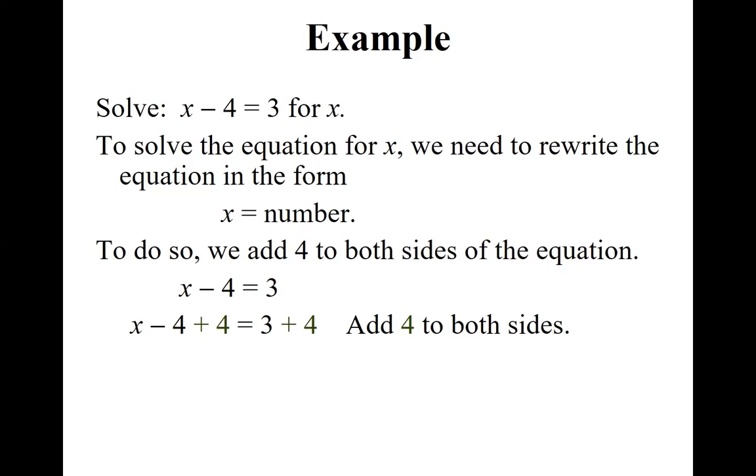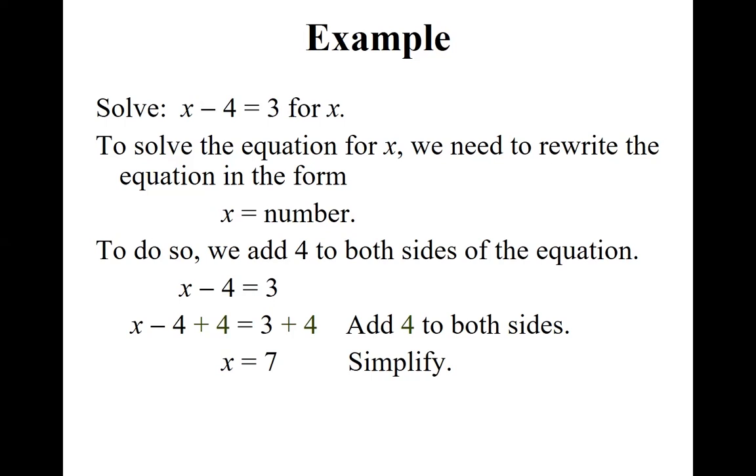Just like an old-fashioned scale that you see Lady Justice holding outside of a courthouse, the two sides need to stay in balance. If we add 4 to one side, we have to add 4 to the other side. The minus 4 plus 4 on the left cancel each other out, leaving us with just x. And then on the right, 3 plus 4 gives us 7.